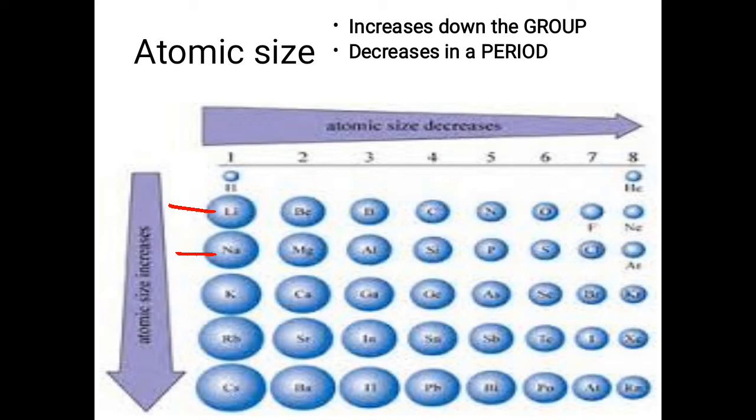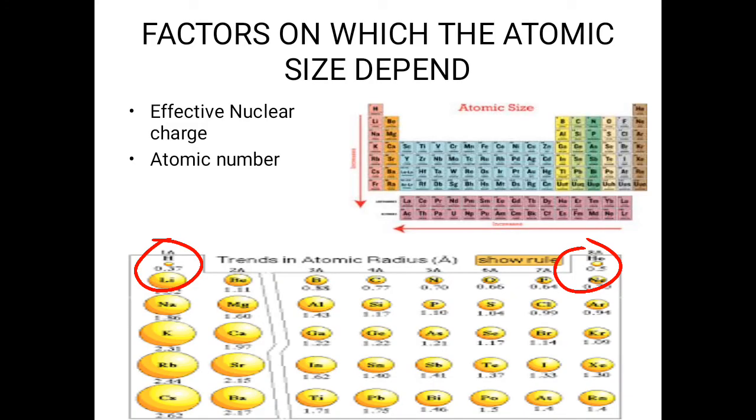Lithium is a member of the second period, but sodium is a member of the third period. So why is this so? As the period number increases, the size of the atom also increases.